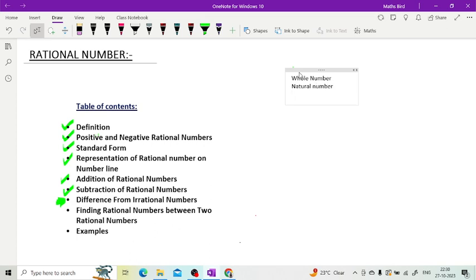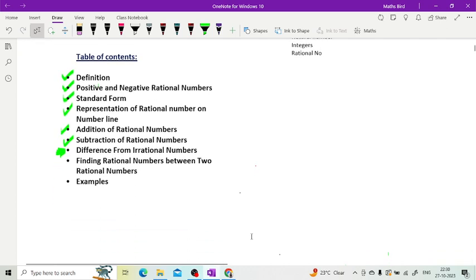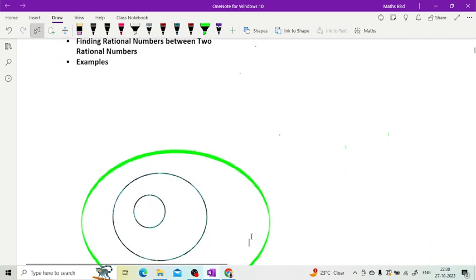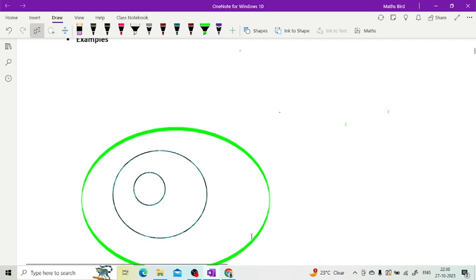Then you should know what integers are, then rational numbers will come, right? So what is a whole number, what is a natural number, what is an integer, then what is a rational number. Firstly we will discuss what a natural number is, then what a whole number is, right?